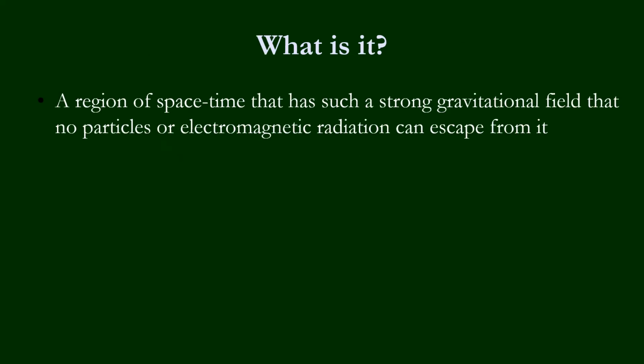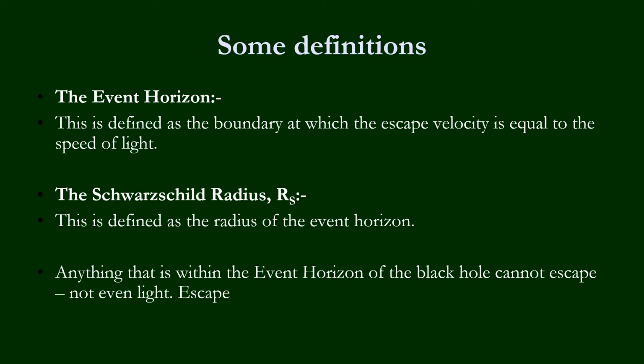So if we were trying to define a black hole, we could say it's a region of space-time that has such a strong gravitational field that no particles or electromagnetic radiation can escape from it. We also need to define the event horizon and the Schwarzschild radius. So the event horizon is defined as a boundary at which the escape velocity is equal to the speed of light.